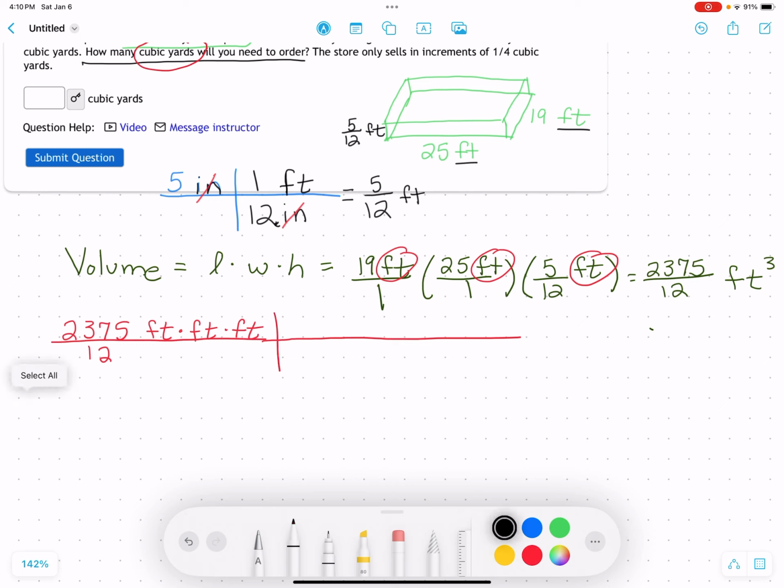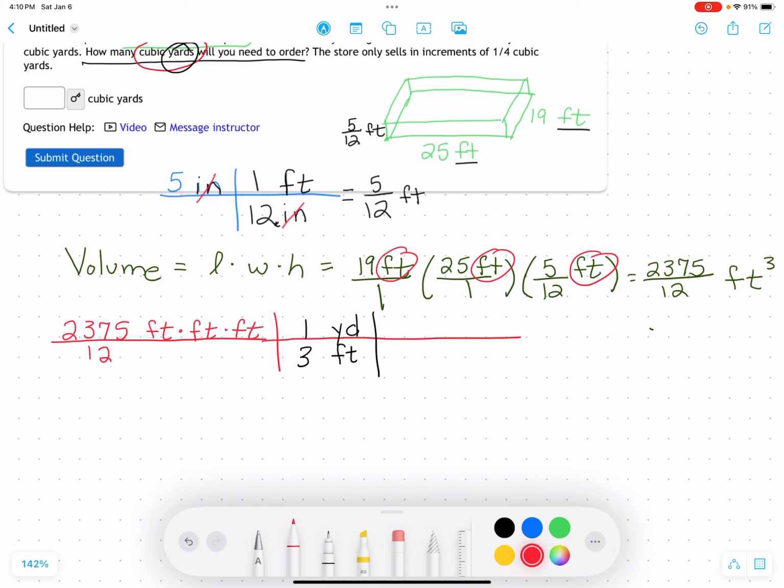And you need to be really careful when you do conversions. Feet and cubic feet, totally different animals. So I'm going to try and get rid of feet. And what I want is yards. So I'm going to go from feet to yards. 3 feet is 1 yard.